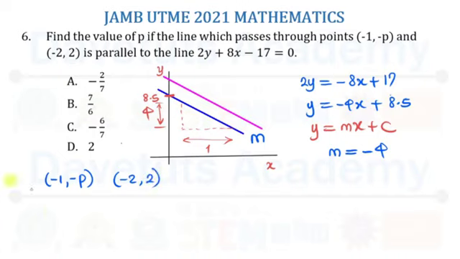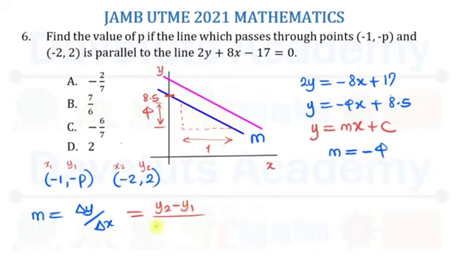And what is the definition of slope? The definition of slope is the change in y-axis over the change in x-axis. Looking at this particular equation, if we call this x1, y1, and we call this x2, y2, we can say it is y2 minus y1 over x2 minus x1.